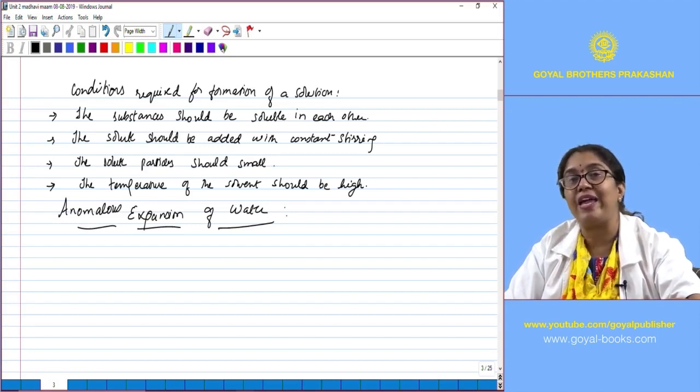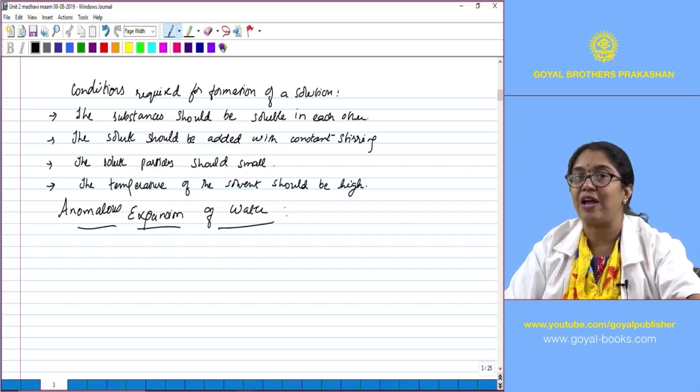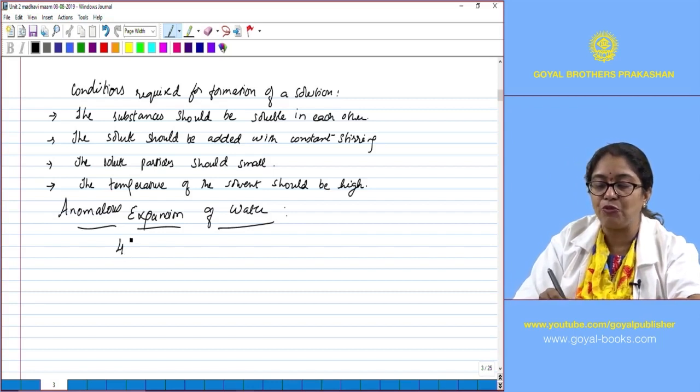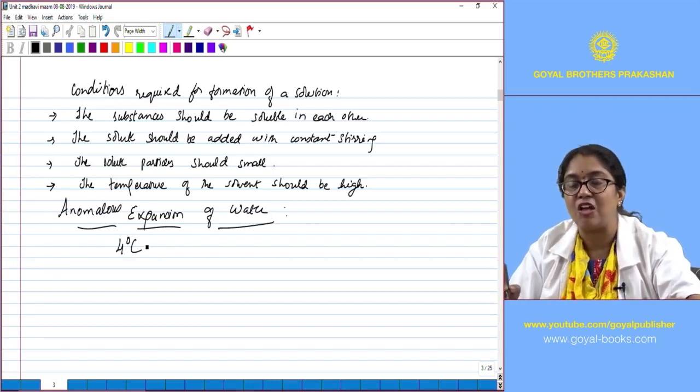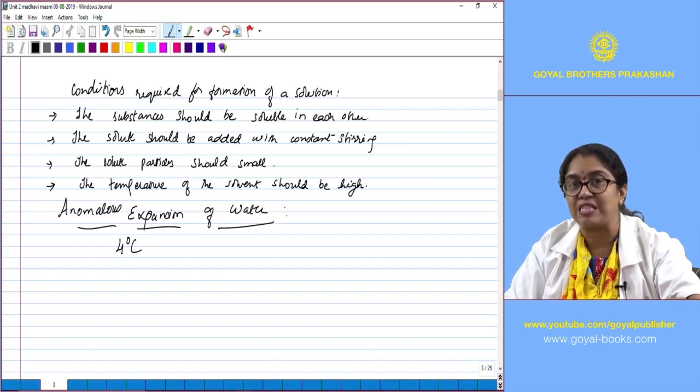Water also exhibits this property. It expands on heating and contracts on cooling. But this contraction of water on cooling is only up to 4 degrees Celsius. When you cool water below 4 degrees Celsius, instead of contracting, it will expand. That means its volume is going to increase.